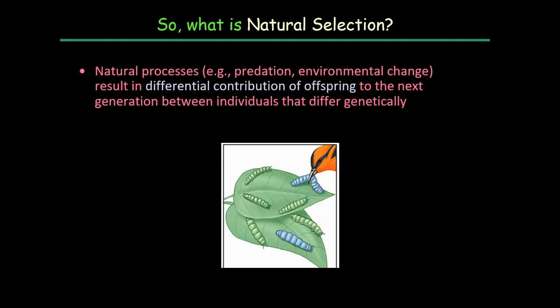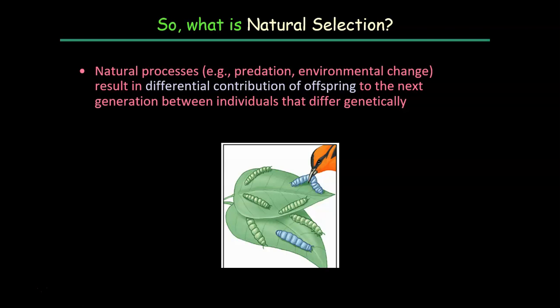So what we're talking about is natural processes, just like predation, competition, stuff like that, or any form of environmental change. Things are getting drier or wetter, etc. Okay, and as a consequence of that, it leads to some individuals in a population having more offspring than others. Okay, so imagine, for example, things are getting dry in a region of the world due to climate change.